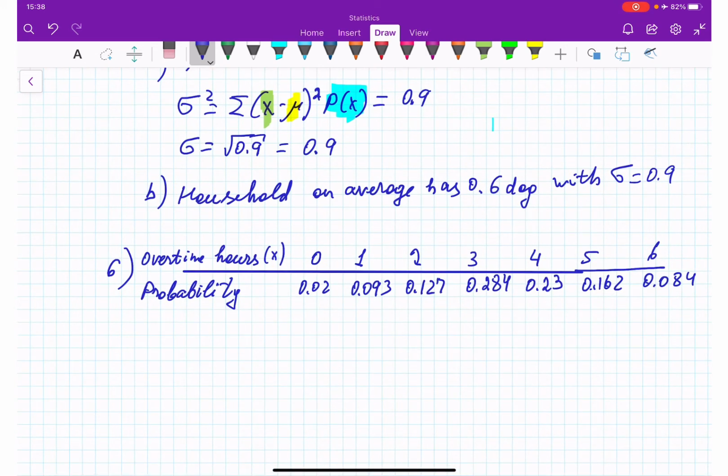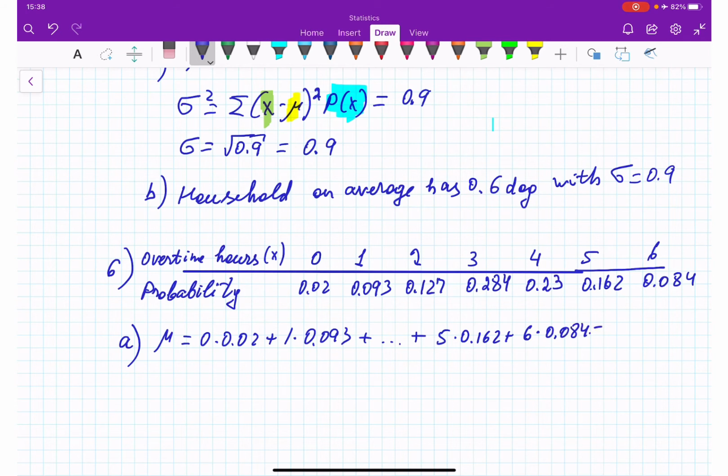So A, find mean, variance, and standard deviation. So mu is going to be equal to 0 times 0.02 plus 1 times 0.093 and plus blah blah blah plus at the end 5 times 0.162 plus 6 times 0.084, and the result you should get is 3.4.